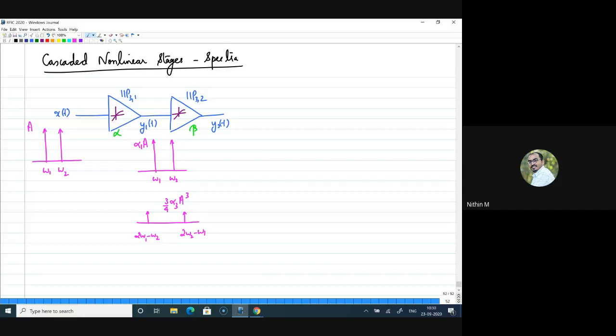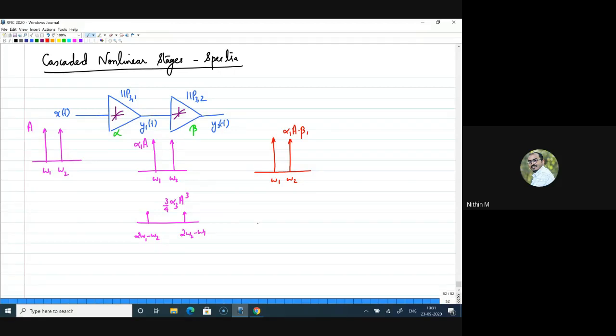Now what we did first is write the fundamental and intermodulation terms at the output of the first stage. Similarly, we are writing the fundamental and intermodulation terms at the output of the second stage. So if I do that, I can write the fundamental term at the output as components at omega 1, omega 2 with amplitude alpha 1 a into beta 1, which is the fundamental term.